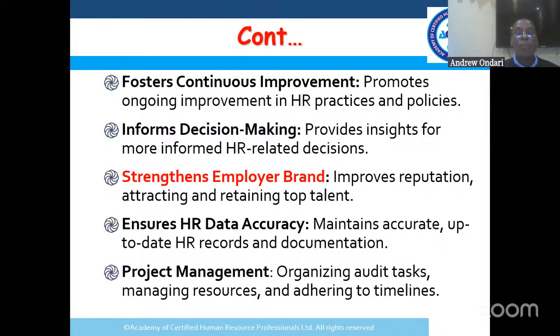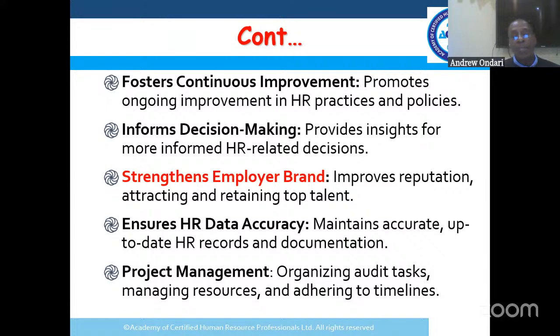For example, if we recruit people without discrimination, and we are an equal opportunity employer, it will attract people, especially top talent, to come to our organization. Secondly, if there are growth and development opportunities, the HR audit will help to identify this, and that can improve our reputation among the potential employees.